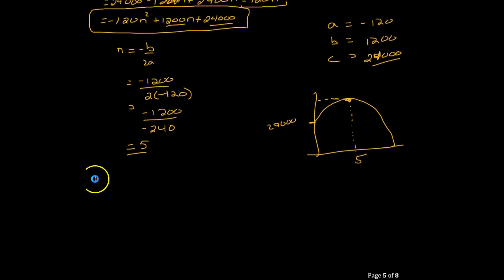So let's use our general form. Negative 120. So it's not n anymore, it's 5. 1,200 times 5, and then 24,000.